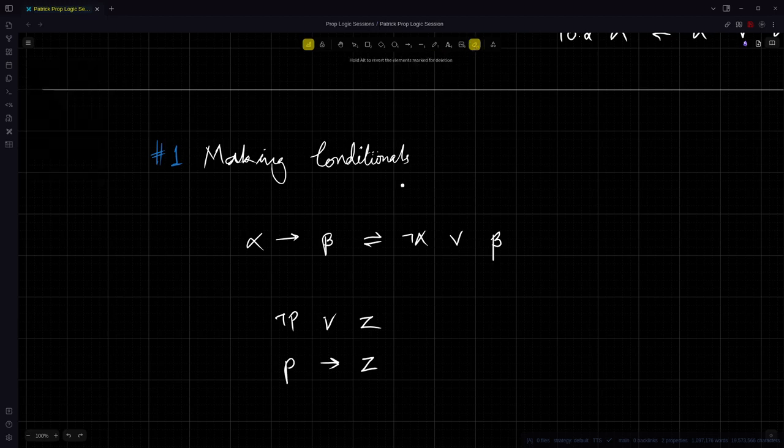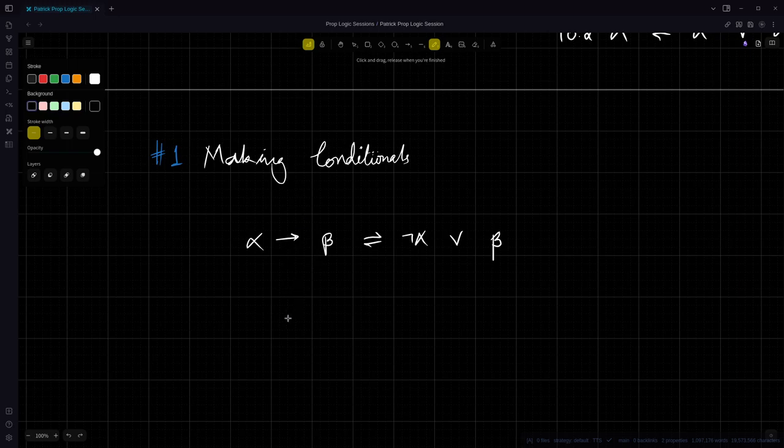So I'll go through the proof once again because I rushed through this. Let's start with not P. Step 2 will be an addition: not P or Z. Remember, addition is the rule where if you have any proposition, you can attach any proposition with a disjunction, because whether or not the added one is true or false doesn't really matter.